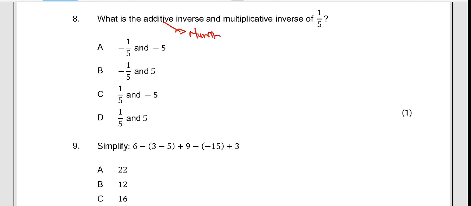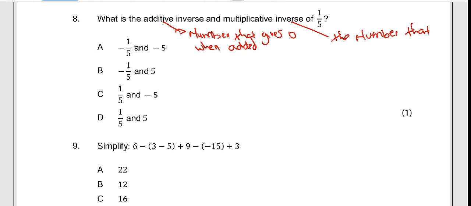And what about a multiplicative inverse? Multiplicative inverse means the number that gives 1 when multiplied.